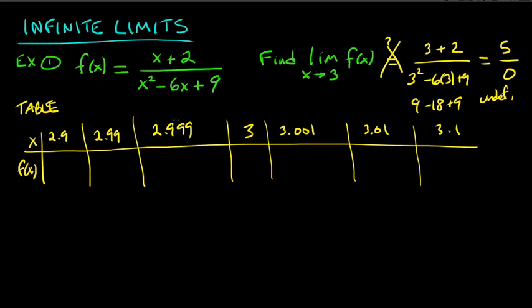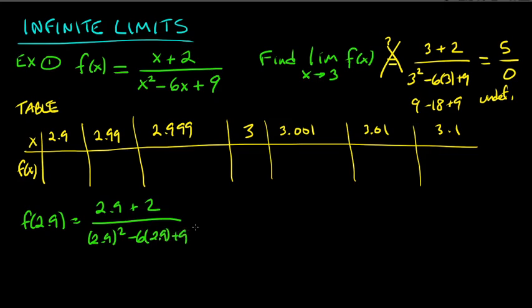Okay, so just plug these in your calculator. And I'll show you what you get when you plug in 2.9, for example. You do all this, plus 9. And it's not approximate.